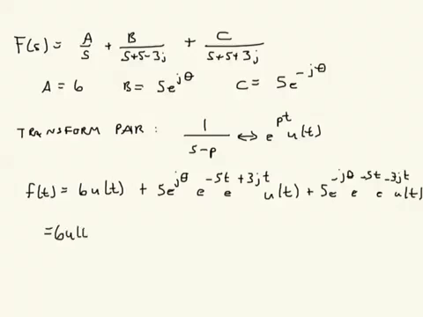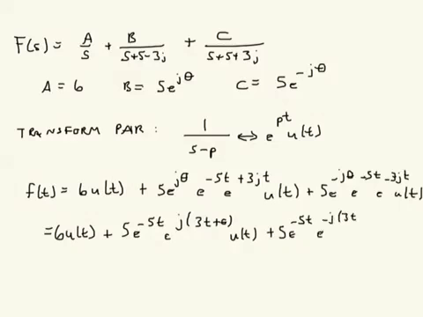Well, we still have the 6u of t plus 5e to the minus 5t times e to the j, 3j, sorry, e to the j 3t plus theta, u of t, plus 5e to the minus 5t, e to the minus j 3t plus theta, u of t.